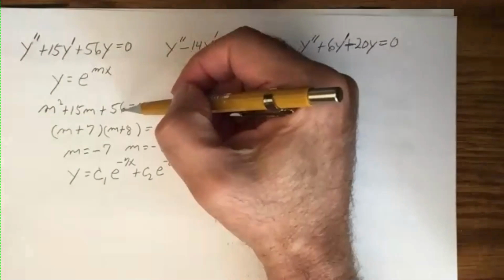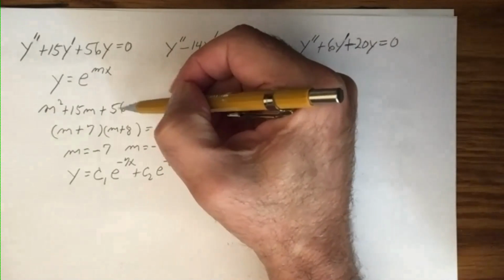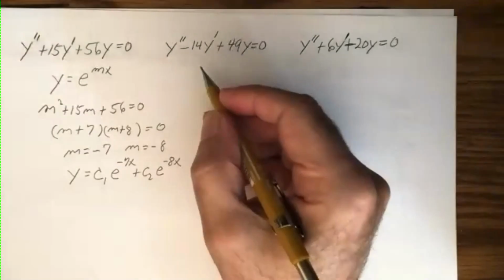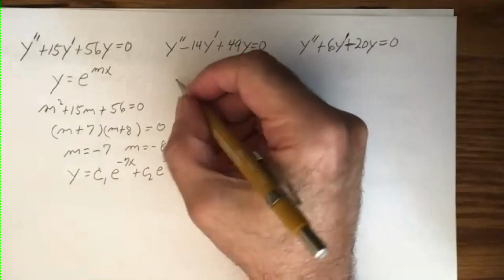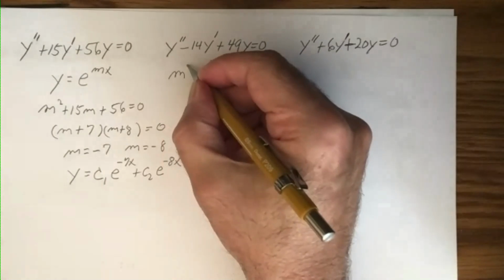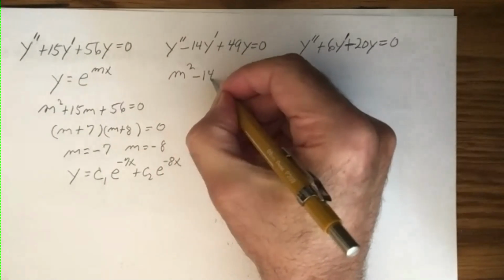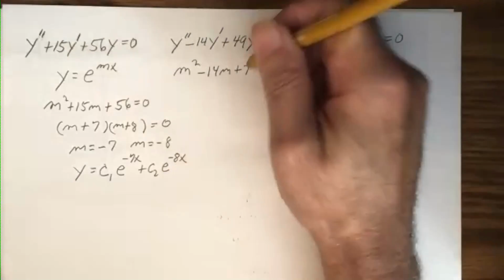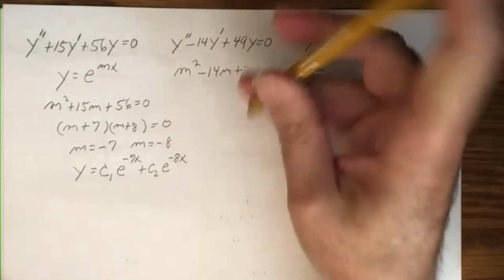So you can immediately just write down the auxiliary equation and then solve for the roots of m. Now this one here, the auxiliary equation is m squared minus 14m plus 49 is equal to 0. I'm doing the factoring in my head already.